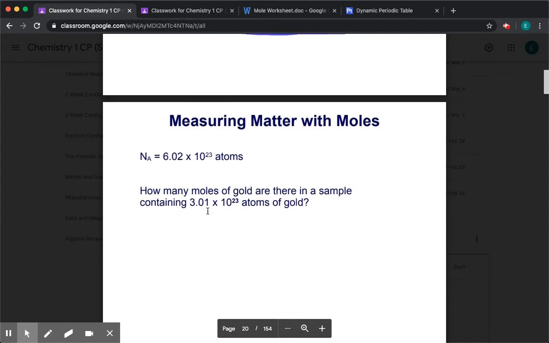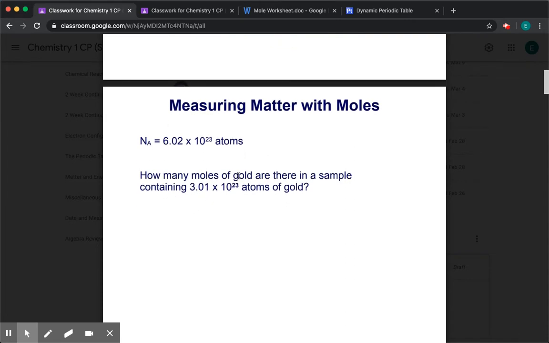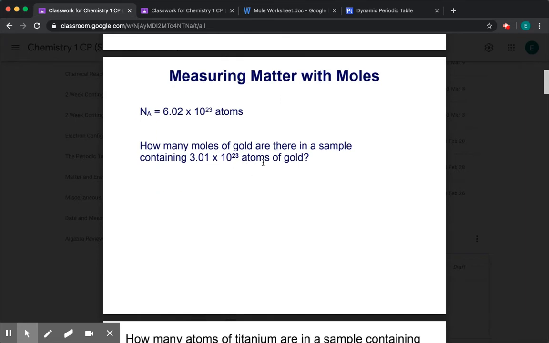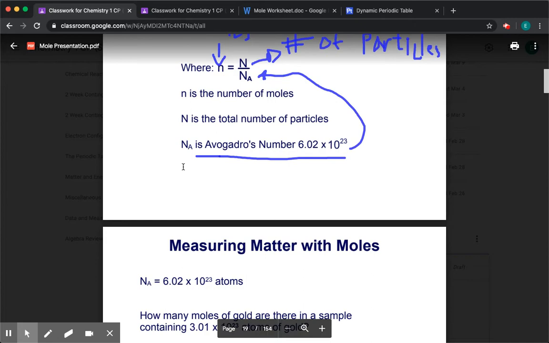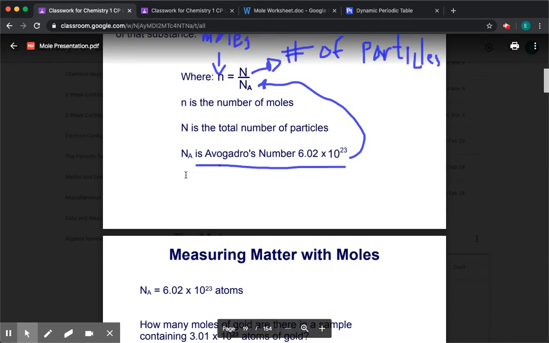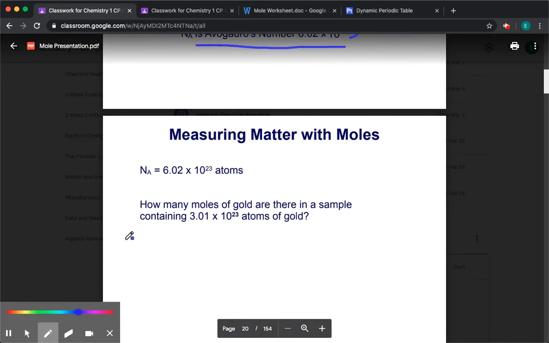Here's an example. How many moles of gold are there in a sample containing this amount of gold? Looking at the formula above, little n is what we're looking for. N is equal to the number of particles. How many particles do we have?